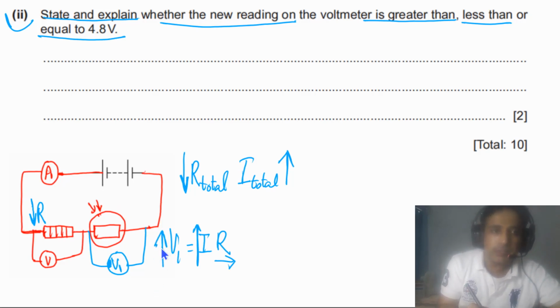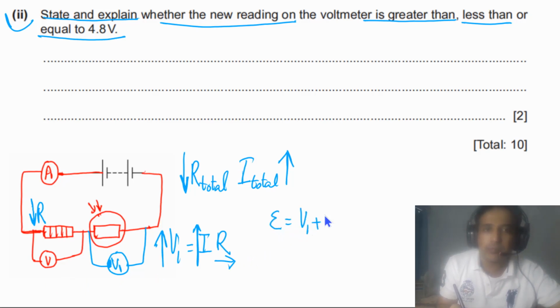If V1 increases, then V has to decrease, because EMF is equal to V1 plus V, and EMF is constant. So the potential difference across the heater has to decrease, and V will be less than 4.8 volts.